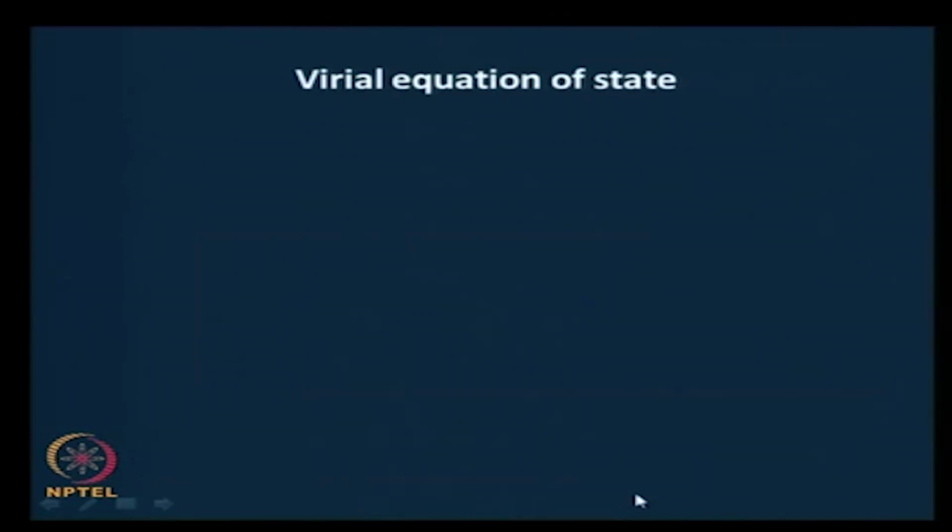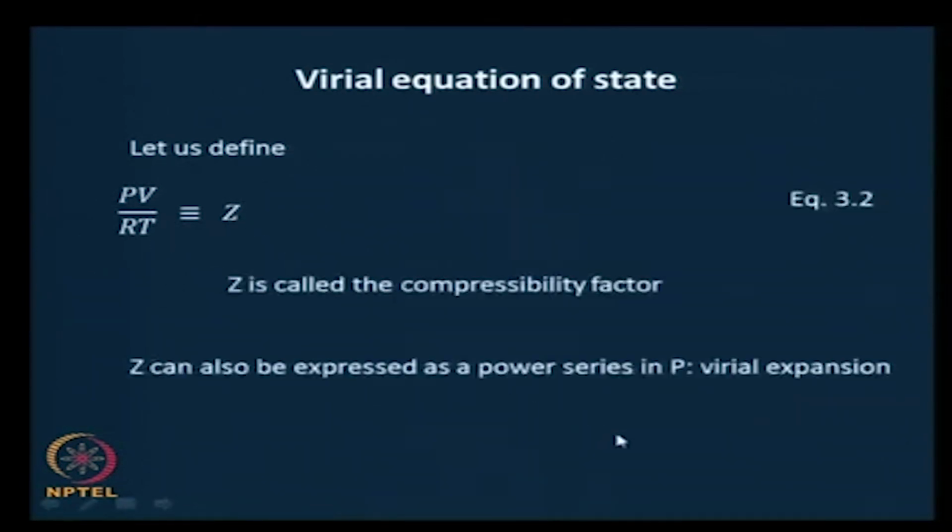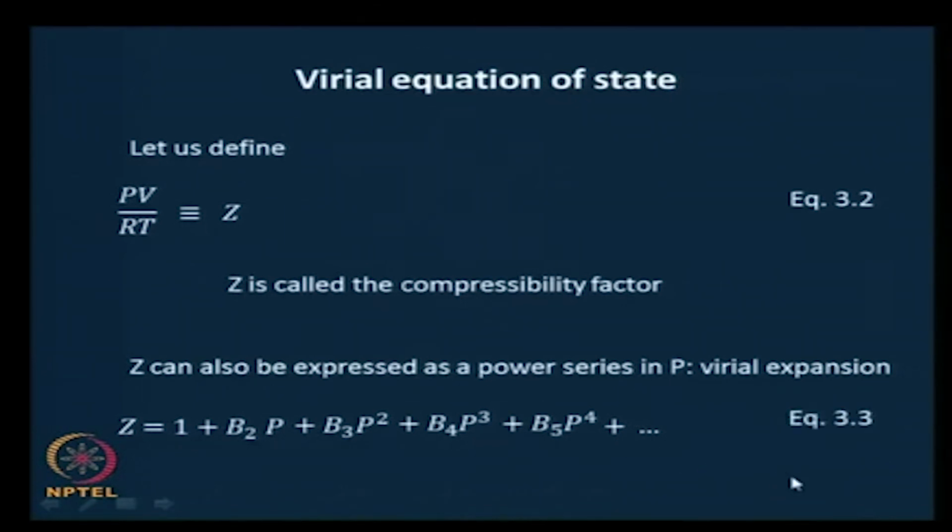Now the equation of state is nothing but the relationship between P, V and T for a pure substance, and if we define PV by RT as Z, the compressibility factor, then this is one of the virial equations of state in terms of pressure: Z equals 1 plus B2 P plus B3 P squared plus B4 P cubed plus B5 P to the power 4 and so on.